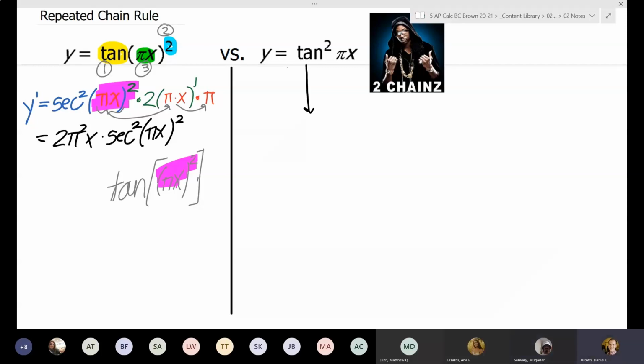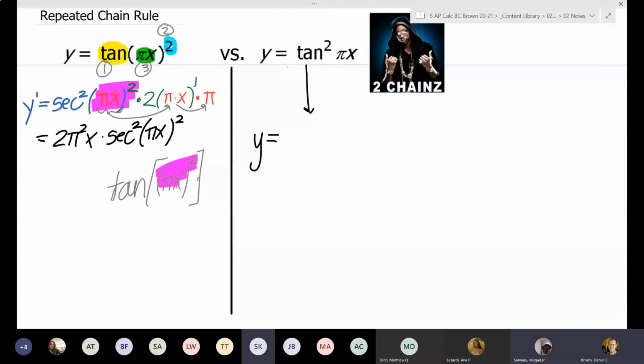So let's try the second one, and I think that might help us see the steps. This one, I just rearranged it so it's a completely different function. If I were to rewrite it so I can clearly see what's on the outside, the inside, and the very inside, what would you consider to be the very outside function of this one? The squared.